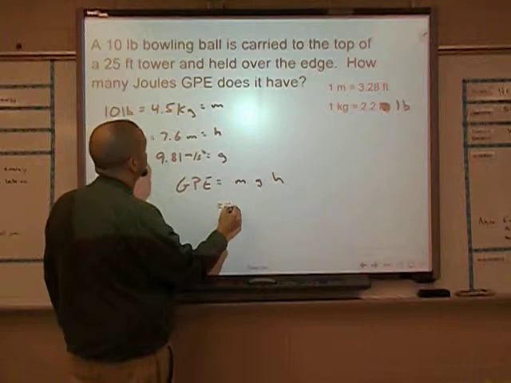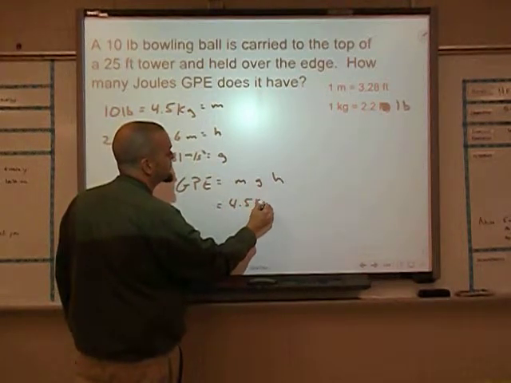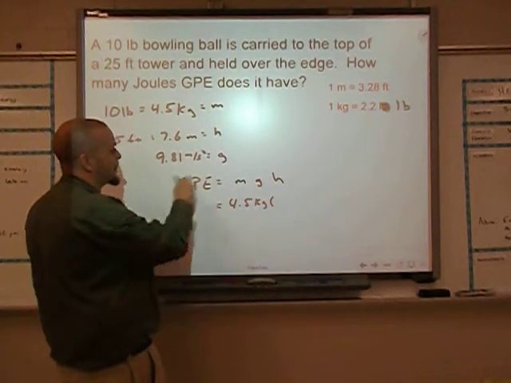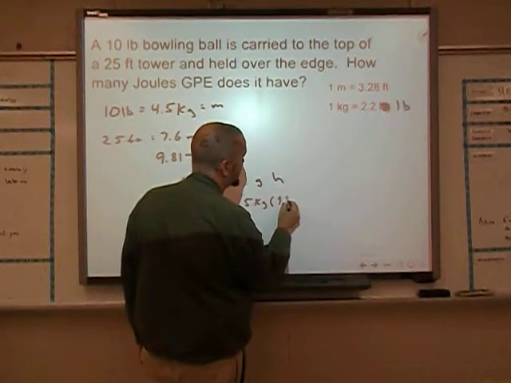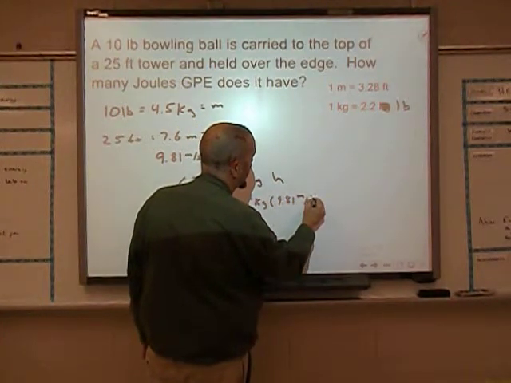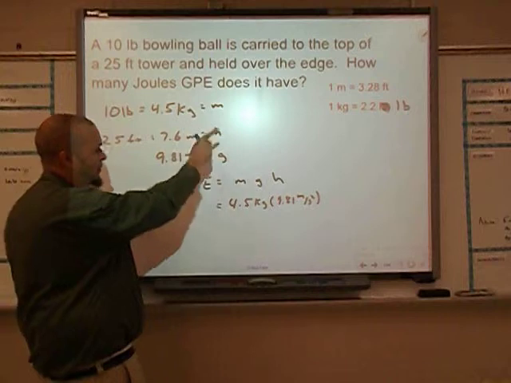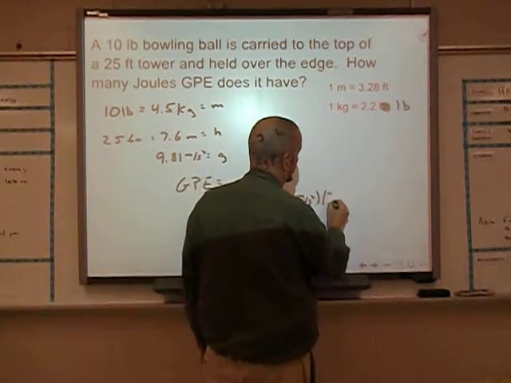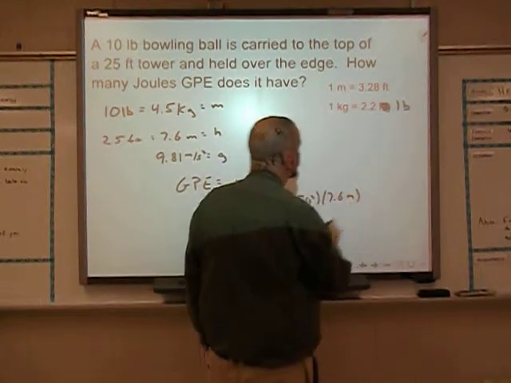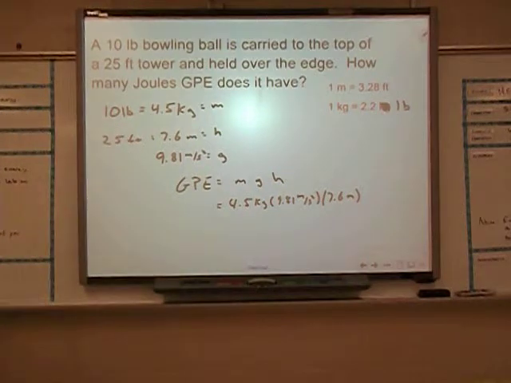It's mass, which is 4.5 kilograms, times gravity, which is 9.81 meters per second squared, and we have our height, which is 7.6 meters. So 4.5 times 9.81 times 7.6 is 335.5.